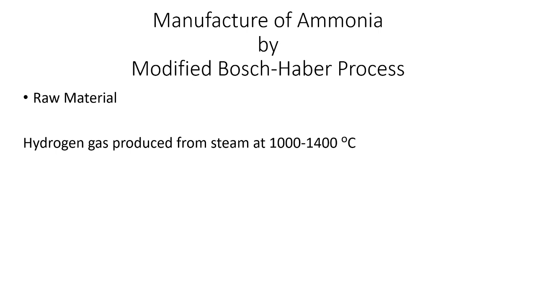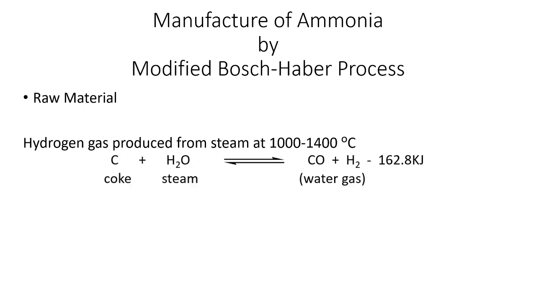The hydrogen is produced from steam, at temperature 1000 to 1400 from coke. On treatment with steam it produces water gas, which is a mixture of carbon monoxide and hydrogen.